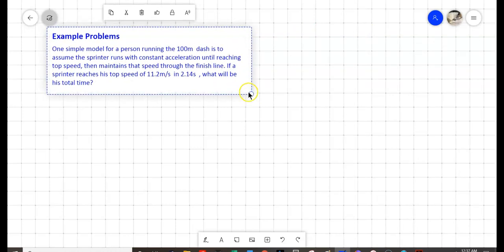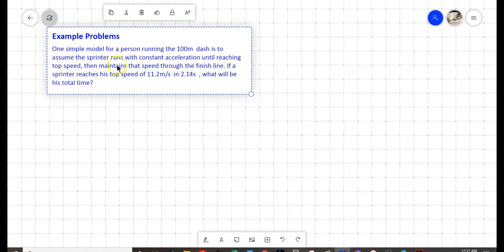So let's go ahead and do the same thing that we just did. We have a person running a 100-meter dash, and we're assuming the sprinter is running with a constant acceleration until they reach their top speed, and then maintains that top speed, or that constant velocity, through the finish line.